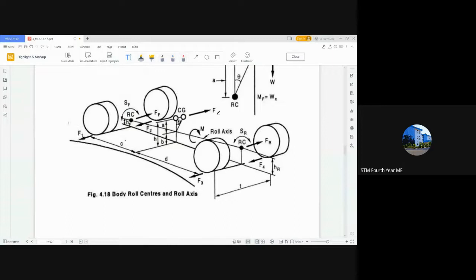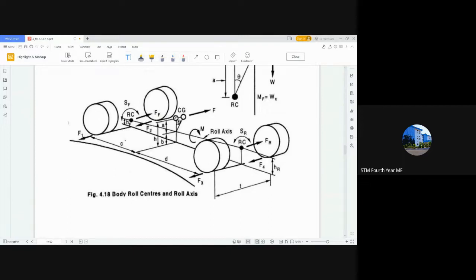Against this force there will be a force from the front axle, and also a force in the rear axle. These are the forces occurring in both axles, and the resultant force is F, shown here, and it acts through the center of gravity.